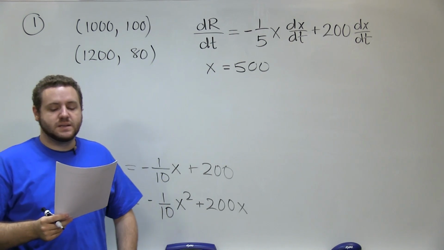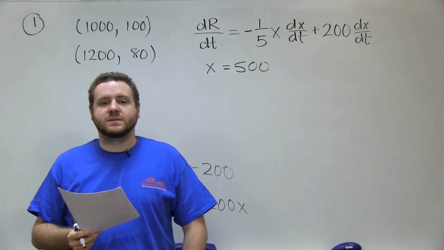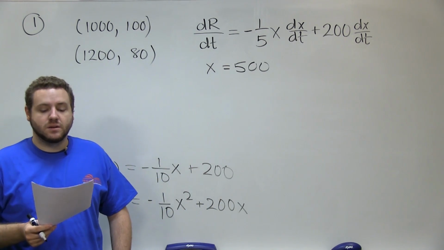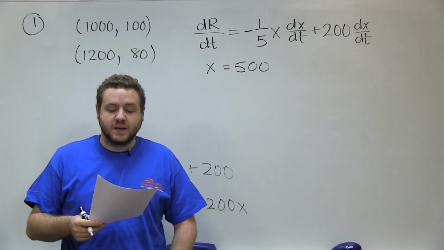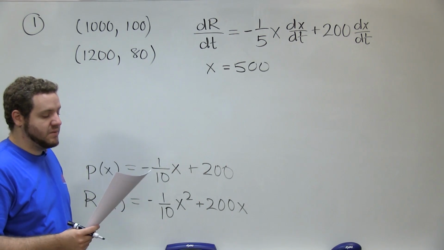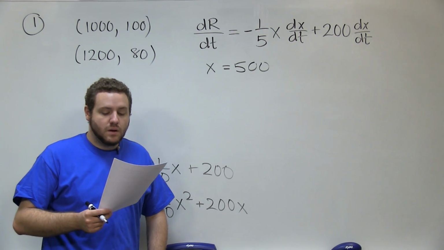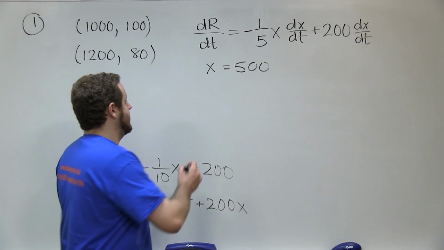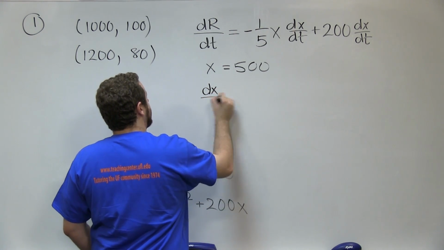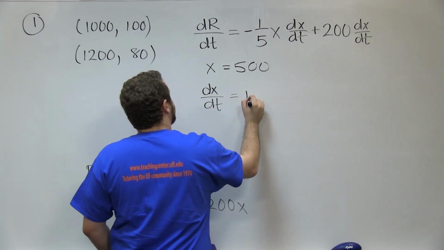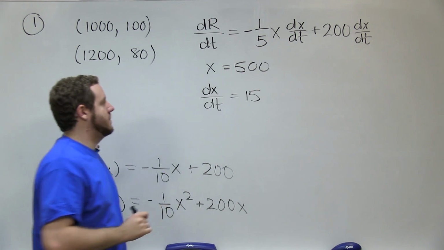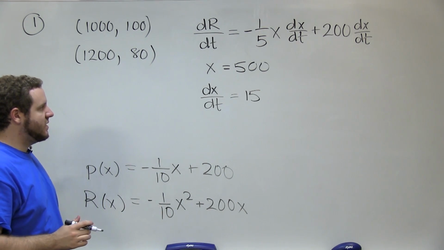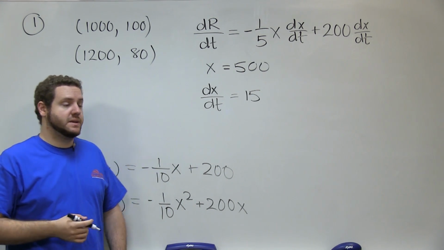Suppose it's increasing its production by 15 per month. So that means x is increasing by 15 per month. So since everything here was per month, our dx dt is going to be 15. 15 chimes per month. That's the rate at which x is increasing, the dx dt.